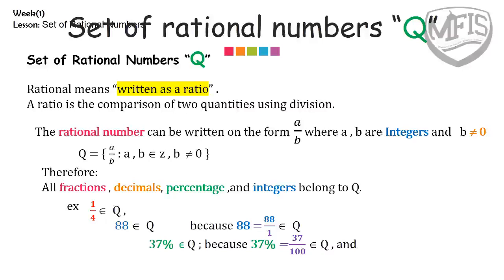And finally, 0.752 belongs to Q because this decimal equals 752 divided by 1000. But you have to notice that not all decimal numbers can be put as fractions.